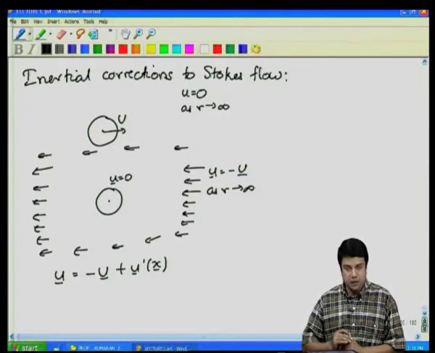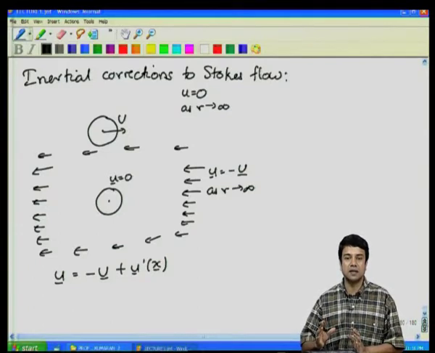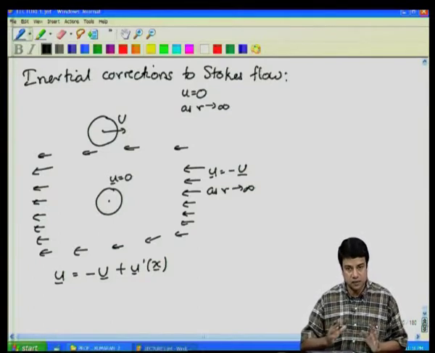So, now this configuration is exactly equivalent to the sphere moving in the fluid stationary, but it is easier to analyze this particular problem. Because this is just a Galilean transform, it involves just translating the entire equipment with the velocity minus u.